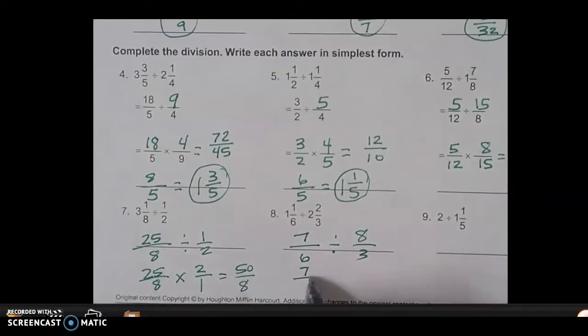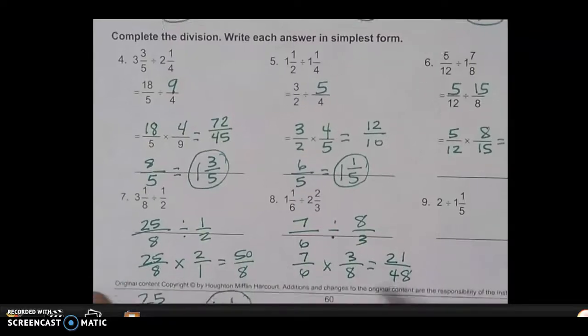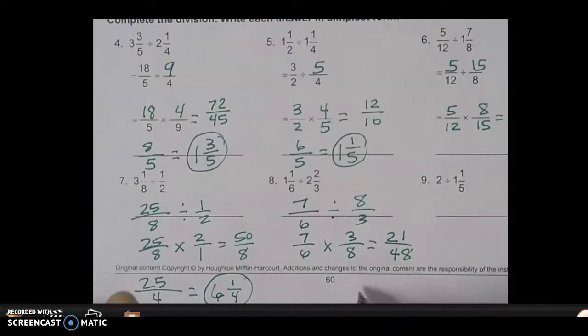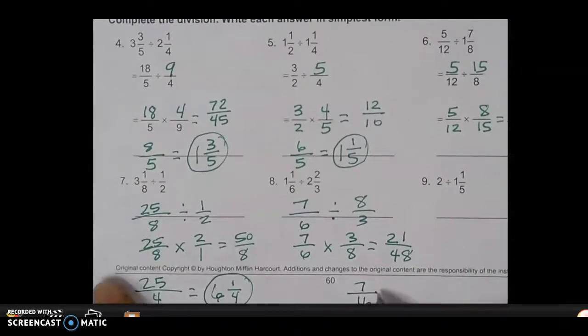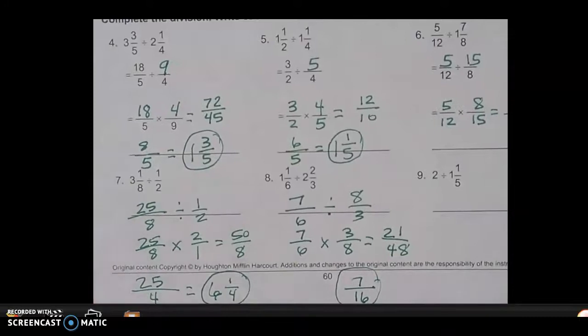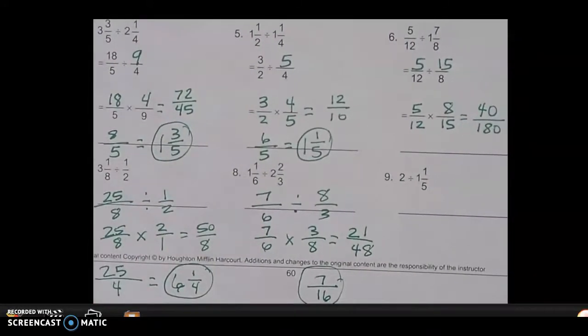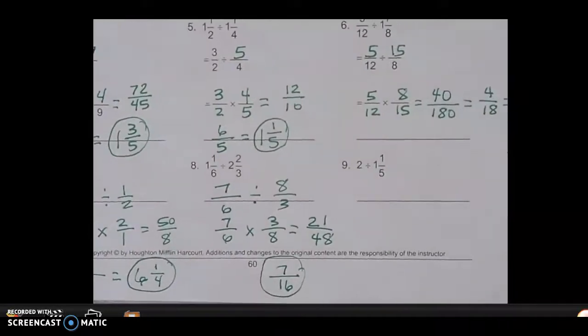Now I'm going to rewrite it as 7 over 6 times 3 over 8, which is now 21 over 48. I can simplify by dividing both of these by 3, and when I divide both of them by 3, I get 7 all over 16. Final answer.